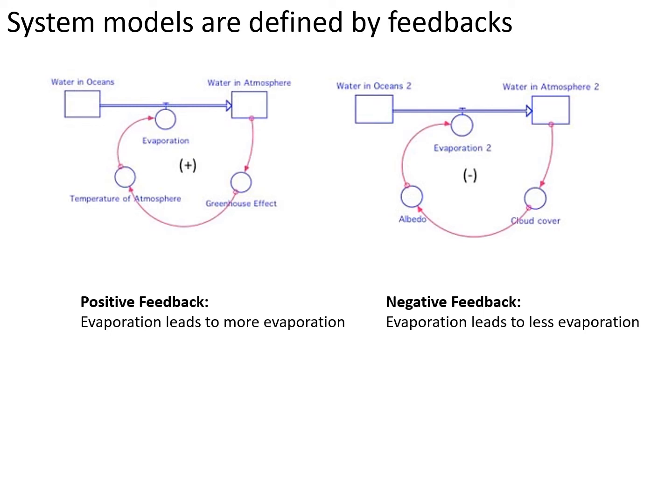Note that in Stella, the program that these are being created in, red arrows are information arrows. So it's not that water is going to the greenhouse effect, it's that the water in the atmosphere state variable is being used to calculate some greenhouse effect with the water, which is going to increase the temperature of the atmosphere, which is then going to increase evaporation.